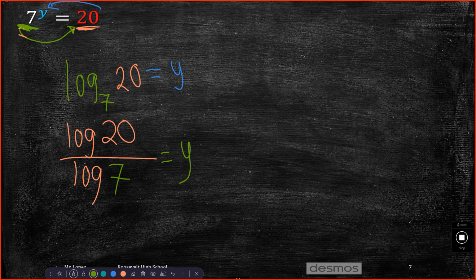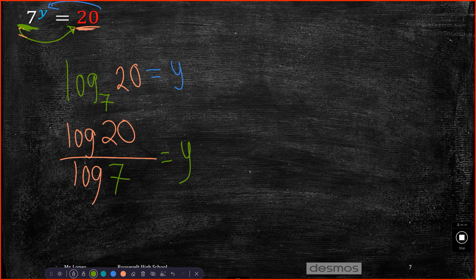You guys see the log function is the second button down on the calculator here on the top. You're going to hit log 20. Get a number. What are you getting? Log of 20: 1.30109299.